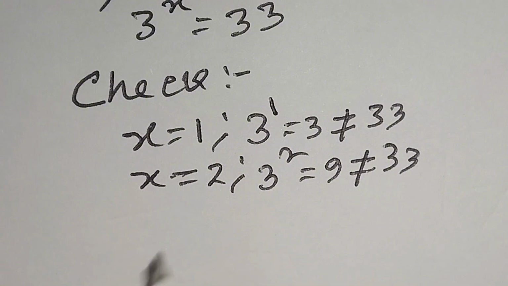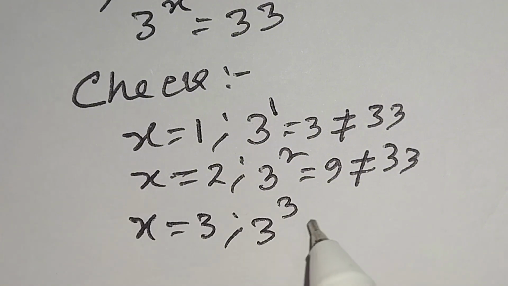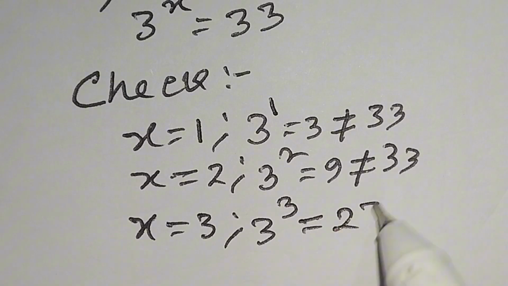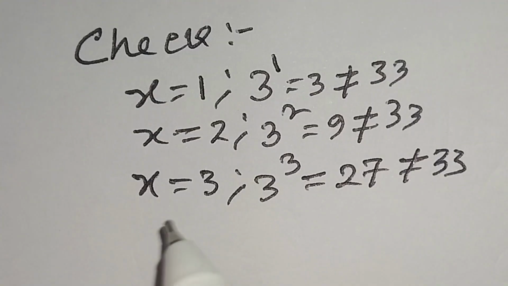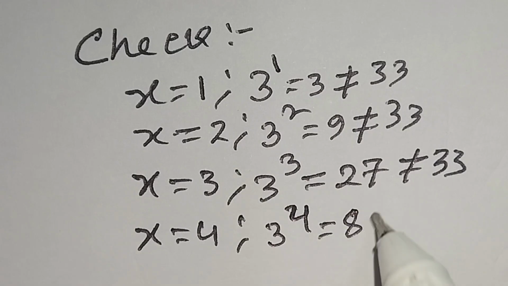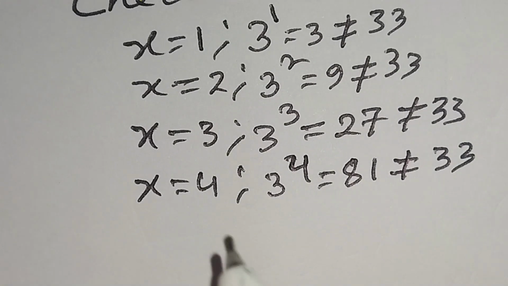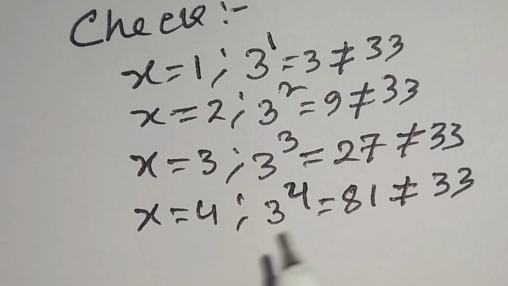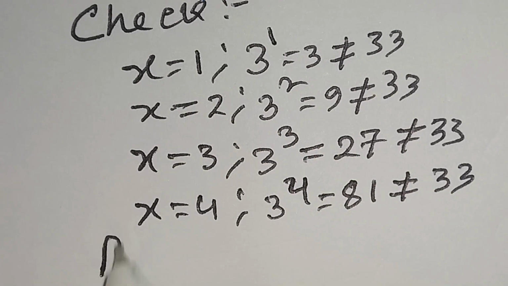When x is equal to 3, then 3 to the power 3 is equal to 27, which is not equal to this 33. When x is equal to 4, then 3 to the power 4 is equal to 81, which is not equal to 33. So there is no natural solution. For this reason, these values are rejected.